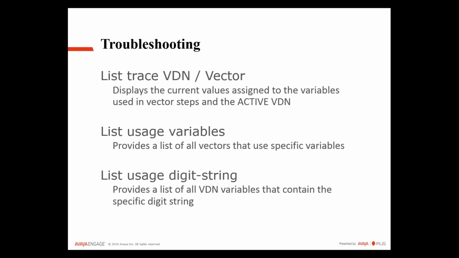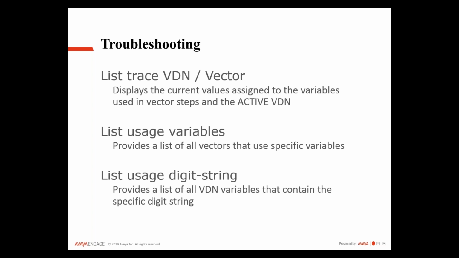List usage variables will tell you all the vectors that the variables are set in. So it can help you especially if you're going to change something. It's good to know how many vectors they're in or where they're at in each one of the vectors.